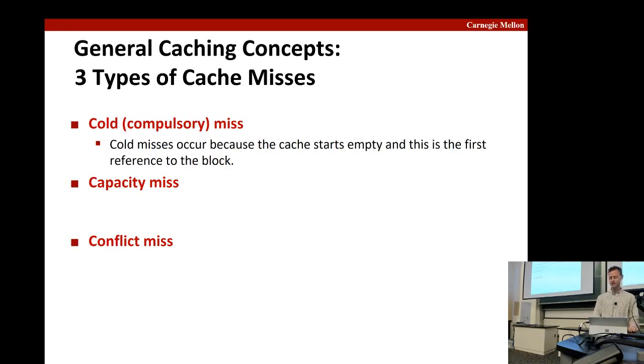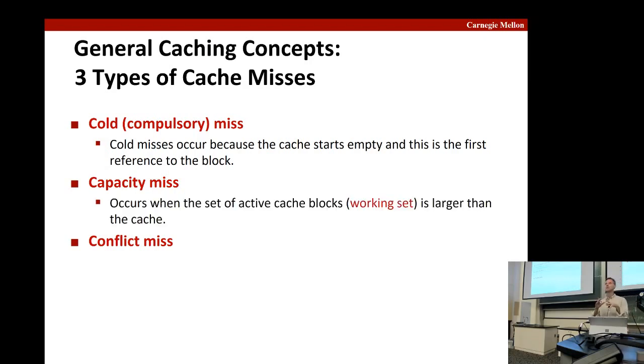Any system must pay that kind of miss. Capacity miss has to do with the size of the cache. If the cache is smaller relative to the active working set of the program, the set of data the program is touching, then you start getting misses because you're evicting things from the cache that you need later.